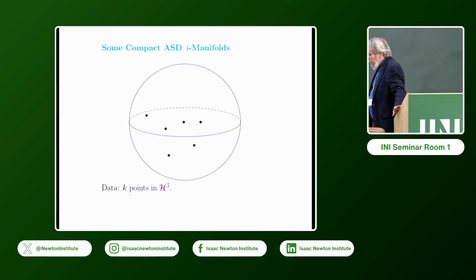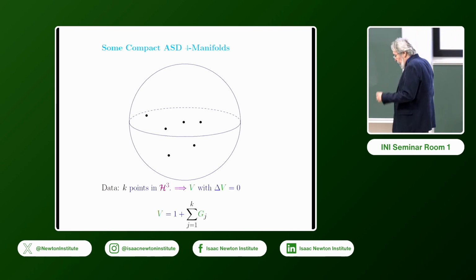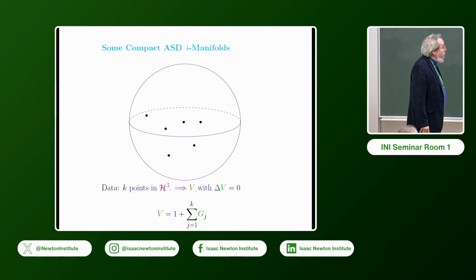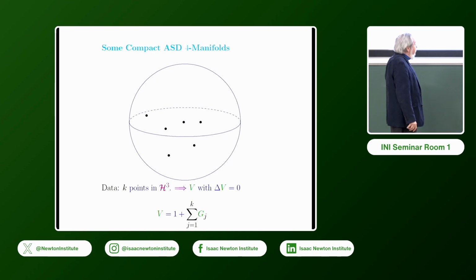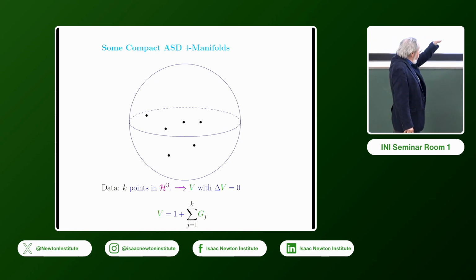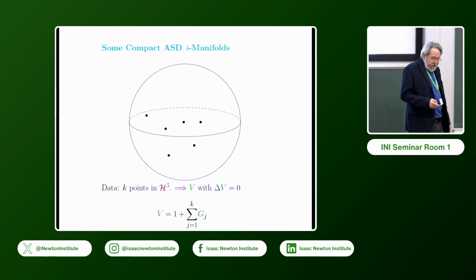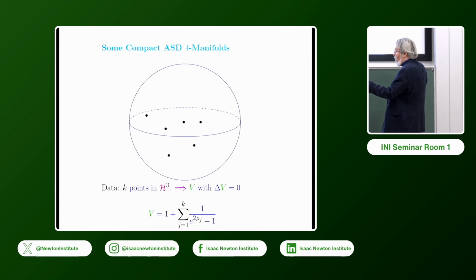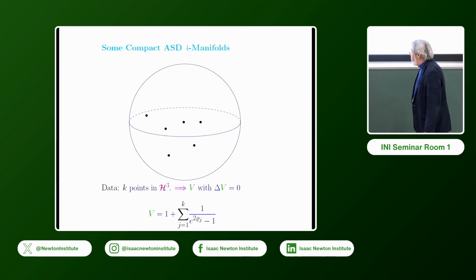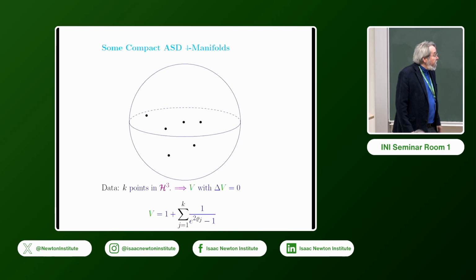You can take k data points in hyperbolic 3-space, and you can associate to those points a certain positive harmonic function defined on the complement of these punctures, namely 1 plus the sum of the Green's functions of those points, where the Green's functions are specifically normalized so that they go like 1 over 2 times the radius at small radius. So here's an explicit formula for each Green's function in terms of the hyperbolic distance from that center.